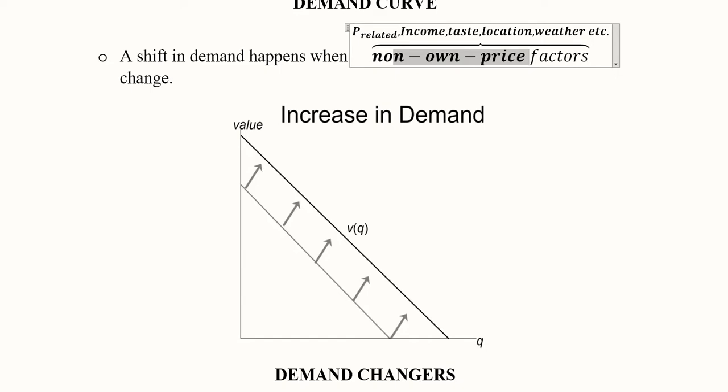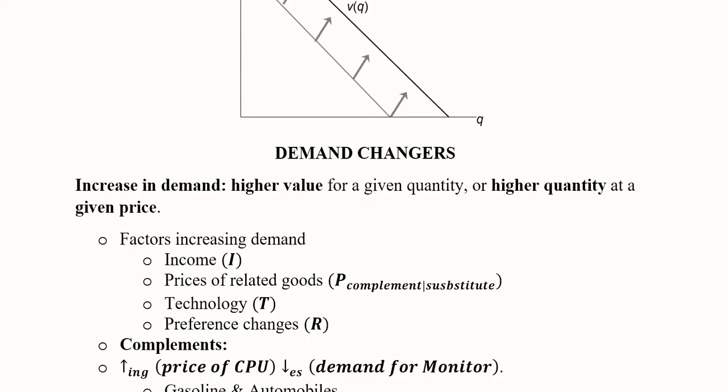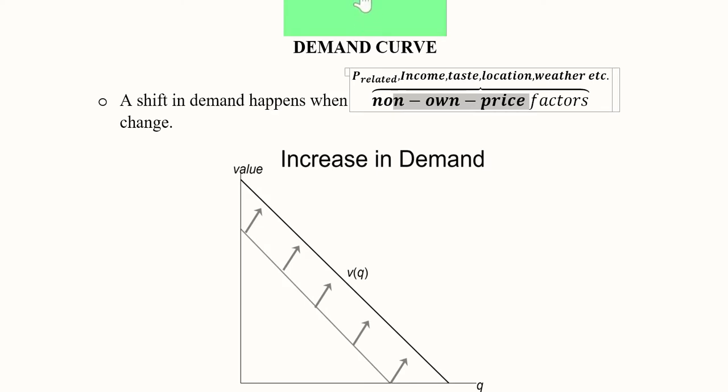And when we say price of a related good, it can be either a complement or a substitute. Either a change in the price of a complement can affect the quantity demanded of a certain related good, or it can be some other type of good that is a substitute. So complements and substitutes have the tendency of affecting the demand of a certain good. In the following examples, we will see various examples of it. It's just the introduction of what those non-price factors are.